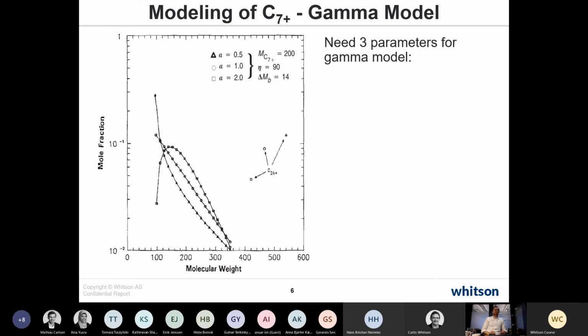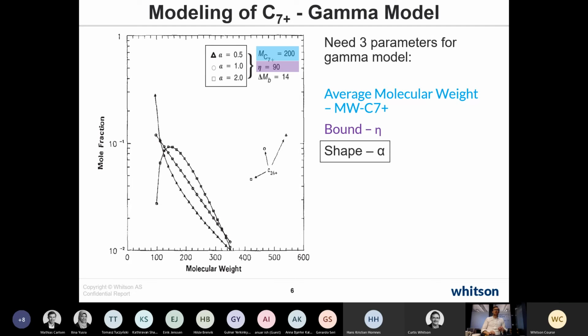And the model from a high level perspective requires 3 input parameters: an average molecular weight of C7 plus, which typically is sample specific, a lower bound, and a shape. And when we create the equations of state for the Bakken or Vaca Muerta or Permian or a big field like that, we usually try to find field specific shapes and bounds.